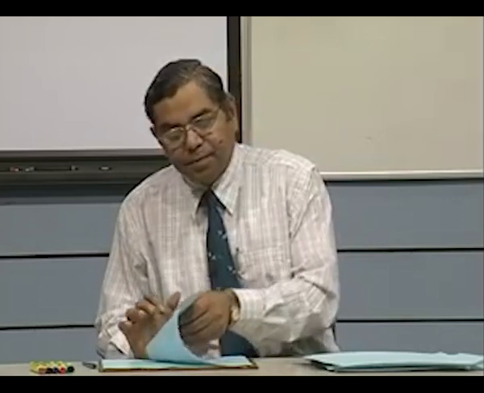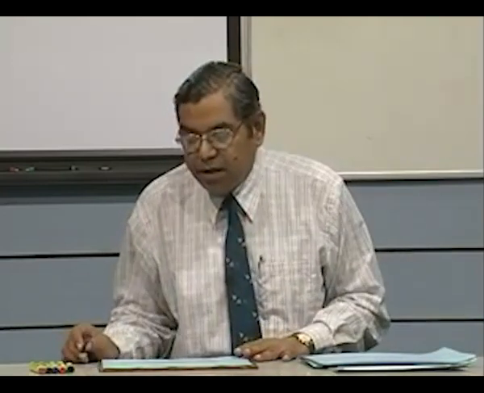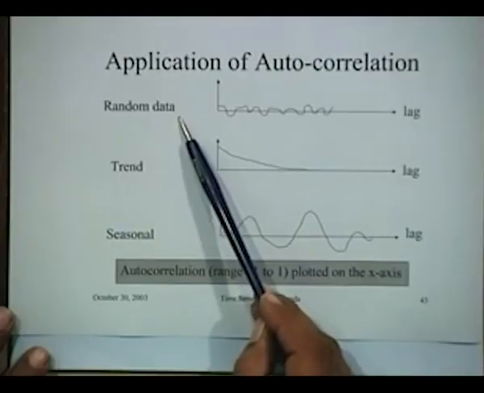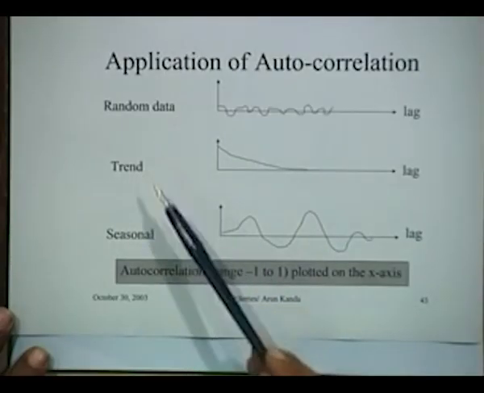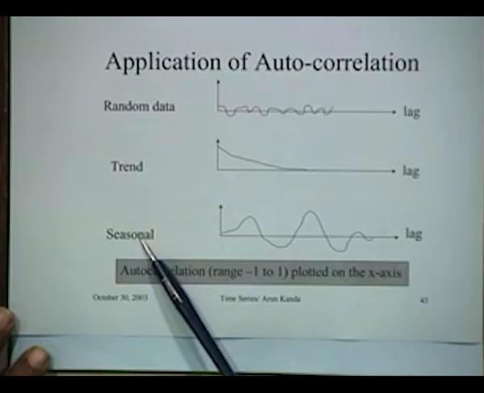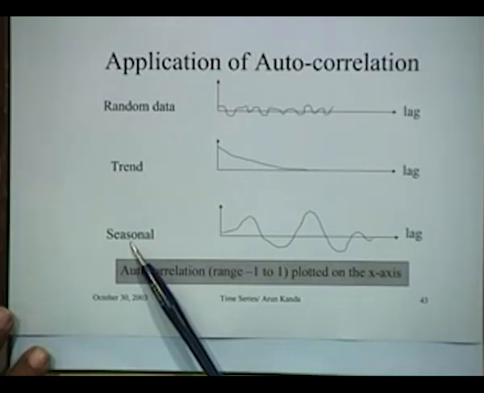And finally, the important thing to note is that to identify random data, or to identify a trend, or to identify seasonal data, especially if you are using Box-Jenkins models, you need procedures to identify what kind of a trend it is.